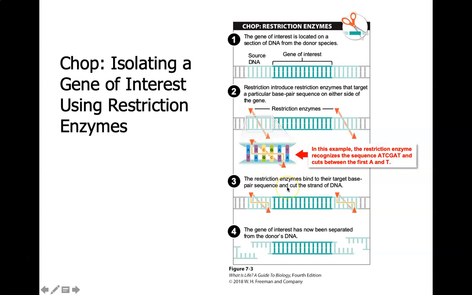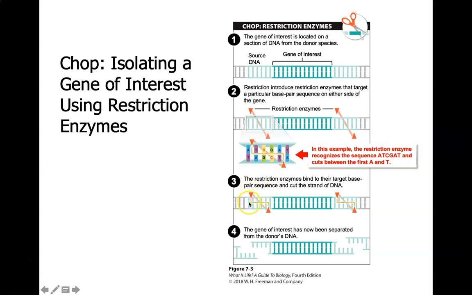That sequence can be anywhere from 4 to say 8 or 10 DNA base pairs long. Every time it sees that specific sequence and only that sequence, it makes a cut. Now, restriction enzymes make a variety of different cuts, but in any case, it's going to make a cut at a very specific sequence.